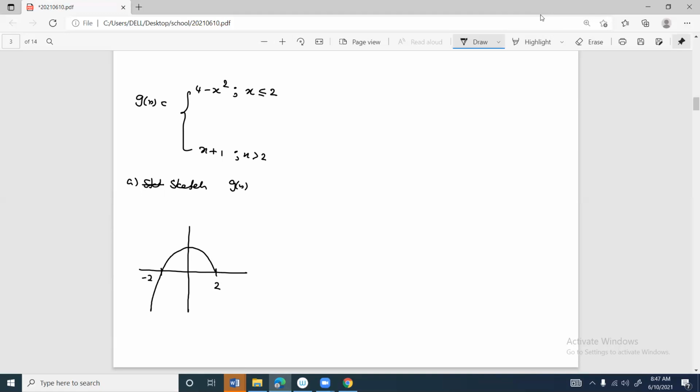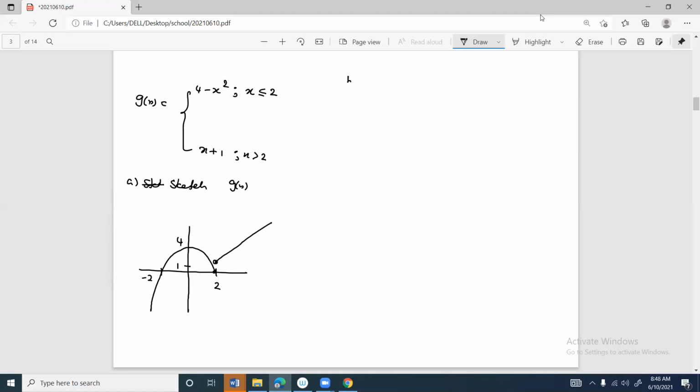The other one is for x greater than 2, that is x plus 1. The second one starts from 4 actually. It's like this, so it's here and this is a colored dot. That's a way of drawing this graph.